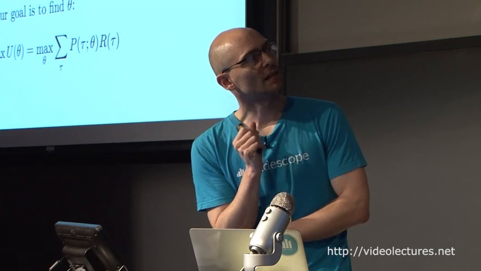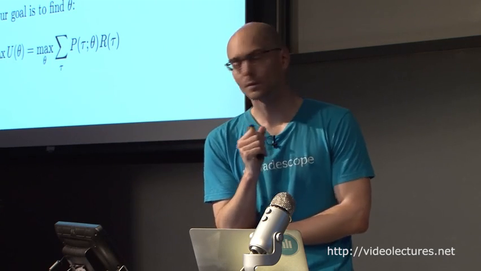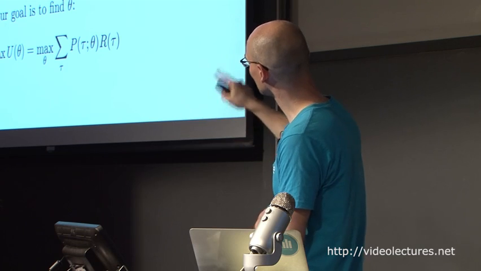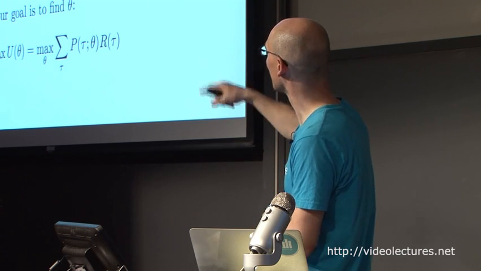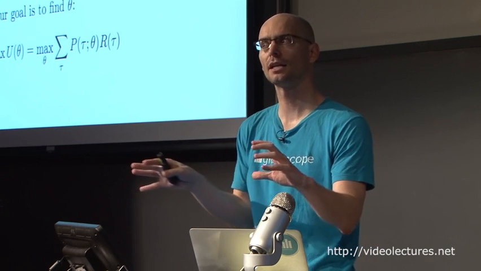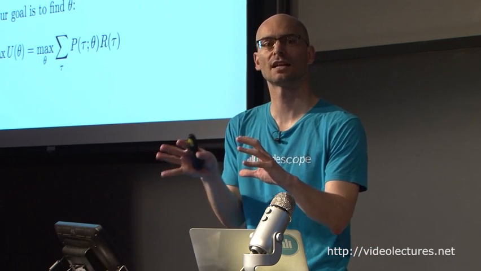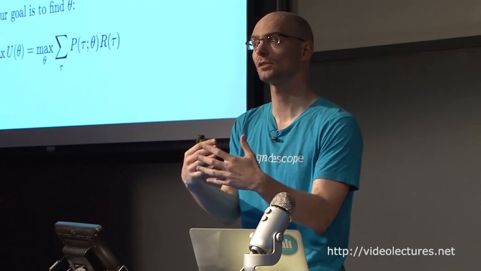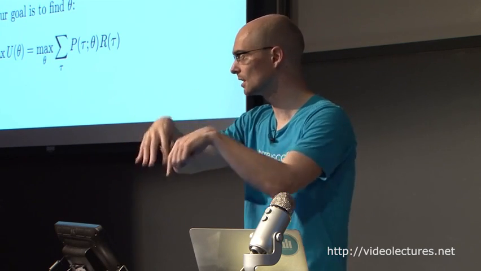What we try to optimize is expected sum of rewards, which we're going to now, for now, write as sum over possible trajectories, probability of that trajectory under the policy pi theta times reward returned from that trajectory. So initially, we're again going to ignore the fact that there's a sequence of states and actions. We're just going to look at it as distributions over trajectories induced by the policy. Later, we'll break it up into the details of states and actions.